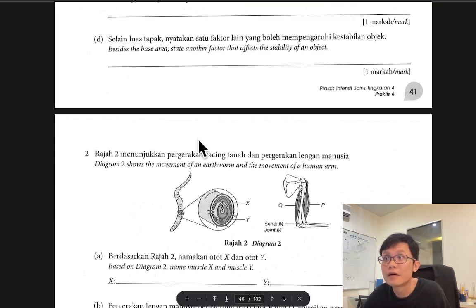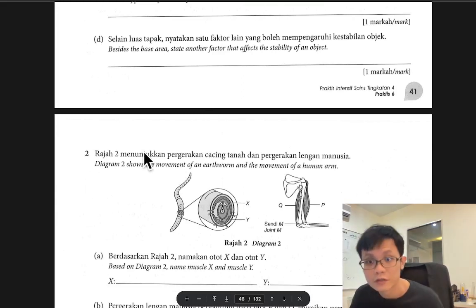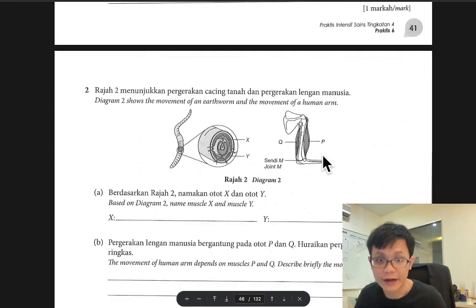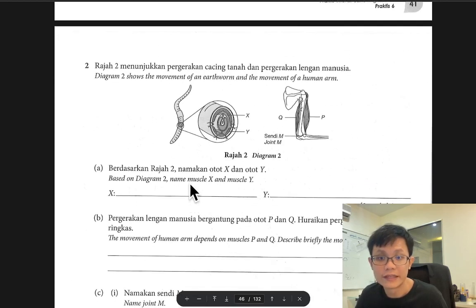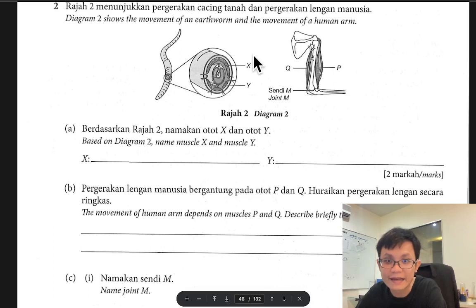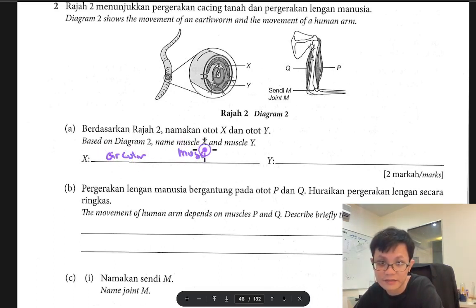Okay, number 2. It shows the movement of an earthworm and the movement of a human arm. Based on diagram 2, name the muscles X and Y. So you can see that X will be a circular muscle, in the textbook, page 119.